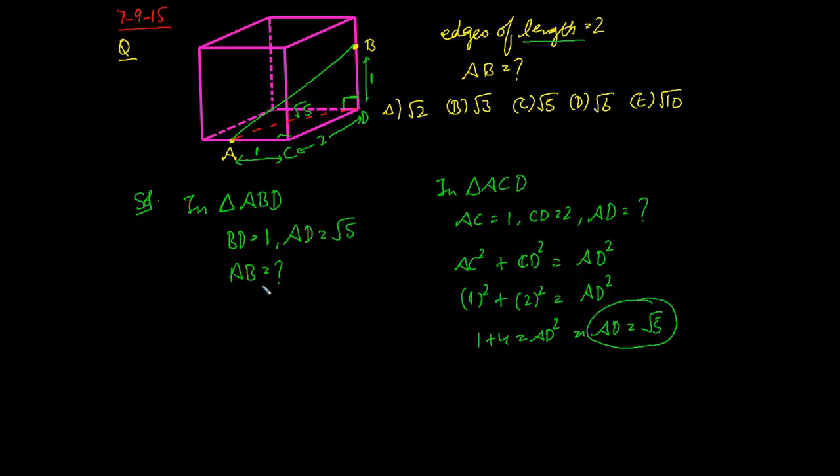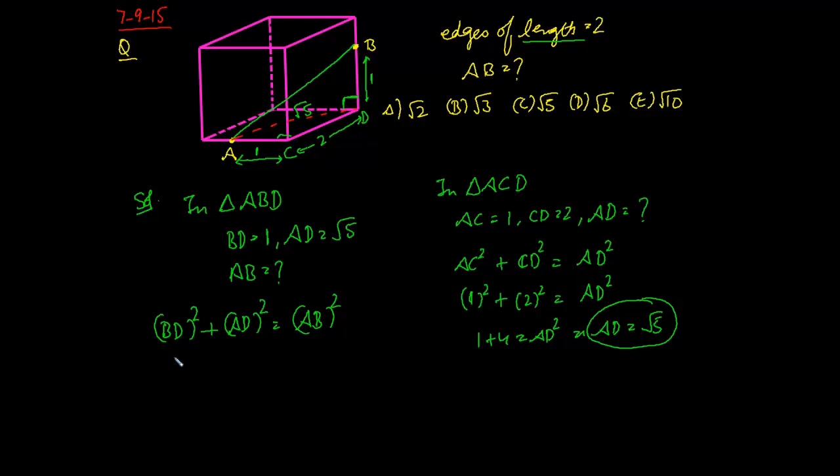If we apply the Pythagoras theorem here, BD squared plus AD squared would be equal to AB squared.